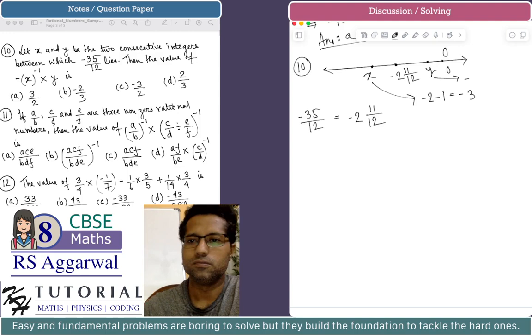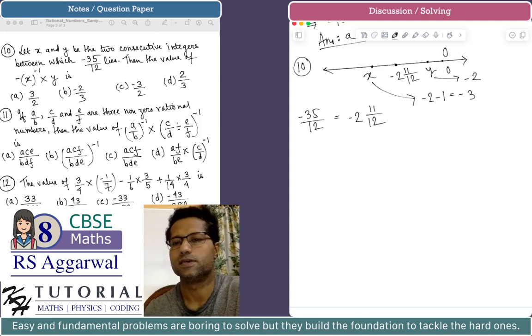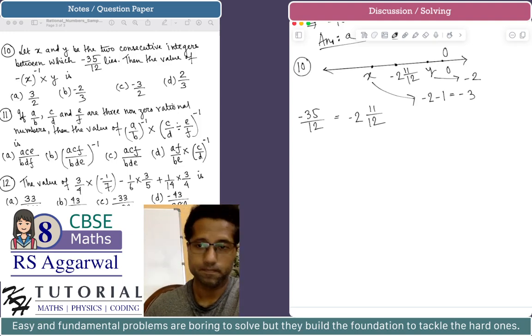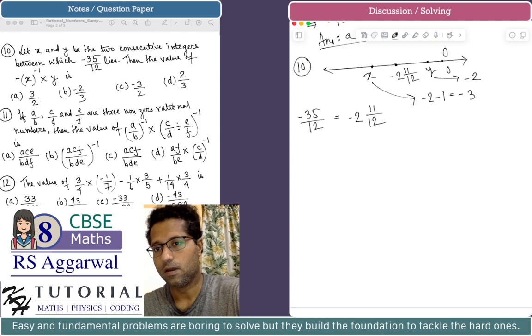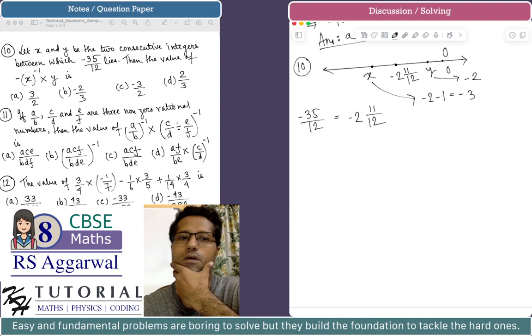If x is minus 3, then y has to be minus 2, because x and y are consecutive integers. y cannot be less than x, because it is given that x and y are two consecutive integers between which minus 35 by 12 lies.